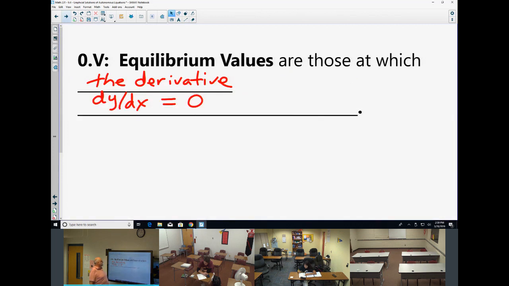All right, next, an equilibrium value. So equilibrium values are those at which the derivative, dy/dx, equals 0. Okay?